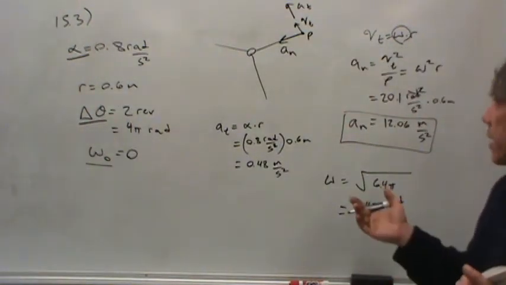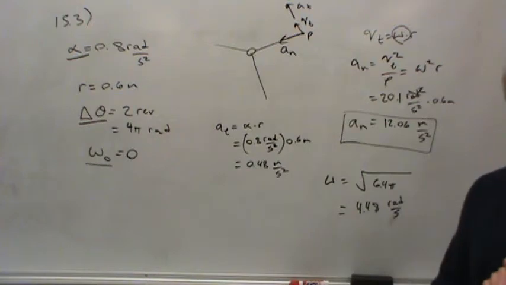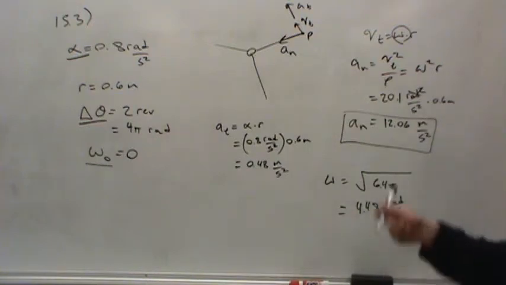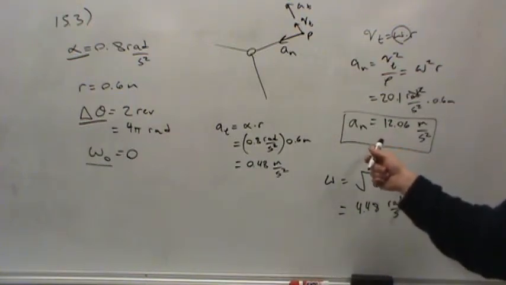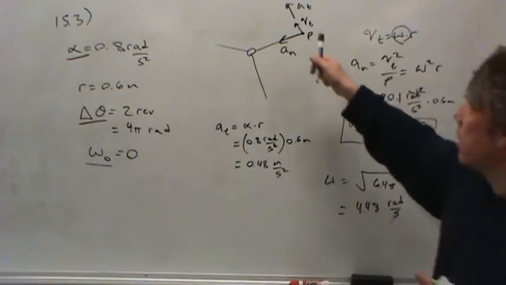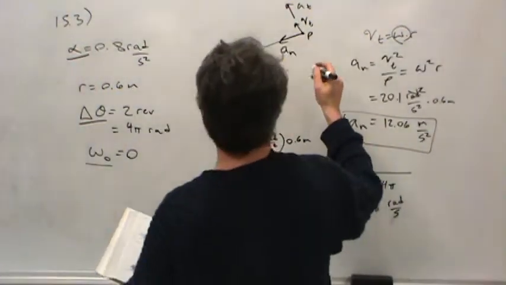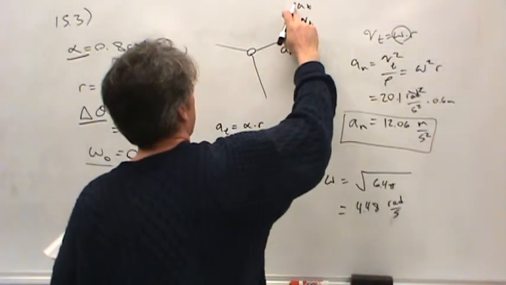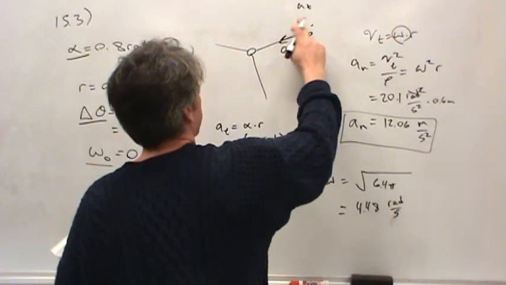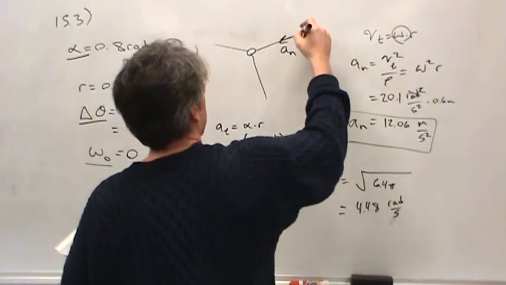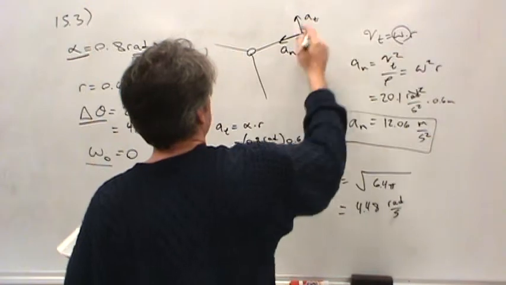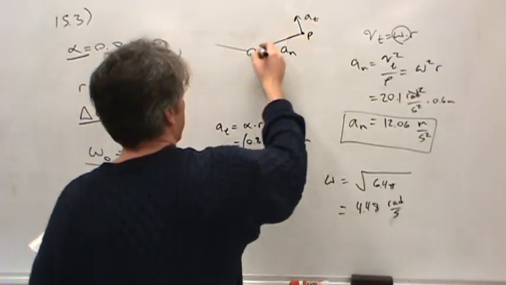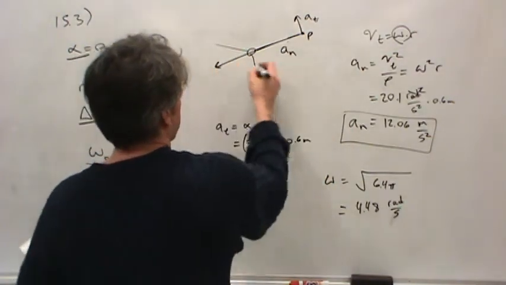Now, which is the higher acceleration, the normal acceleration or the tangential acceleration? Obviously, the normal acceleration is quite a bit larger, right? But there is still tangential acceleration. So if I were going to try to draw this a little bit better to scale, let me get rid of the tangential velocity. I'll draw the tangential acceleration here. I'll have to draw the normal acceleration, something like this.